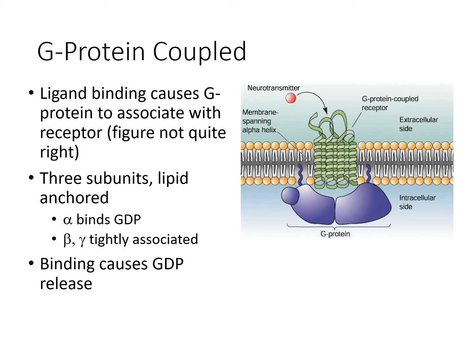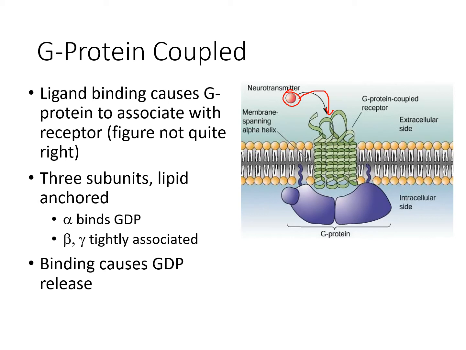Ligand binding causes the G protein to associate with the receptor. The ligand will bind here, and the alpha, beta, and gamma subunits of the G protein will dissociate.